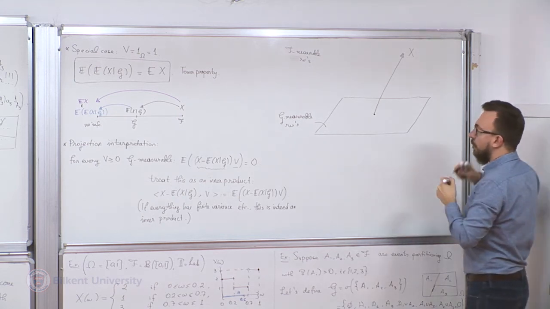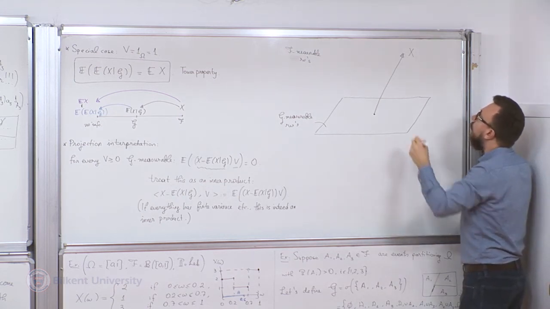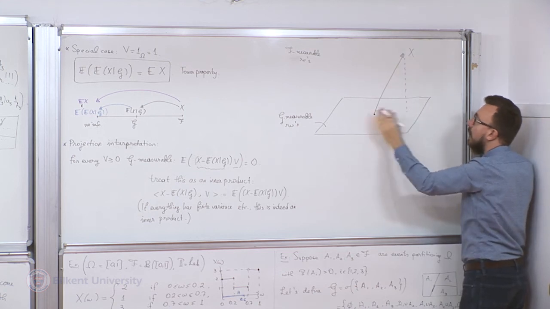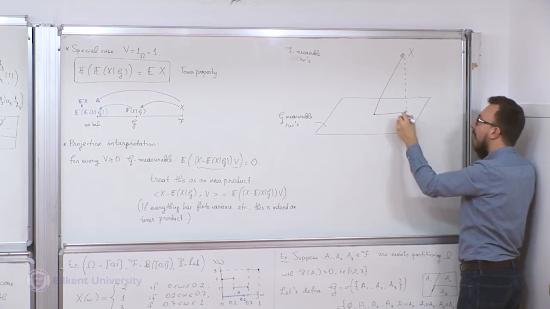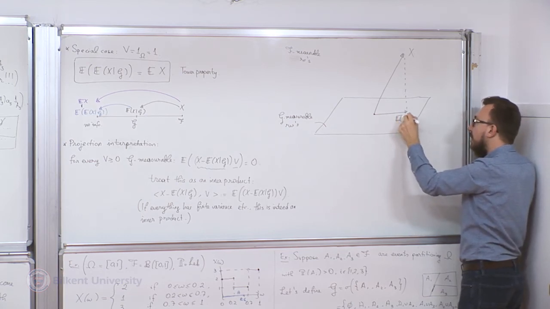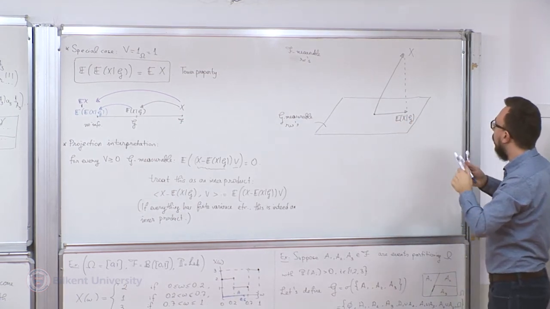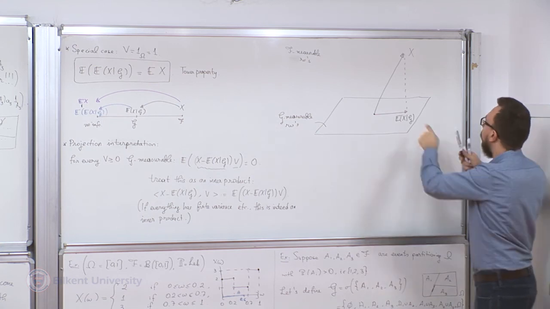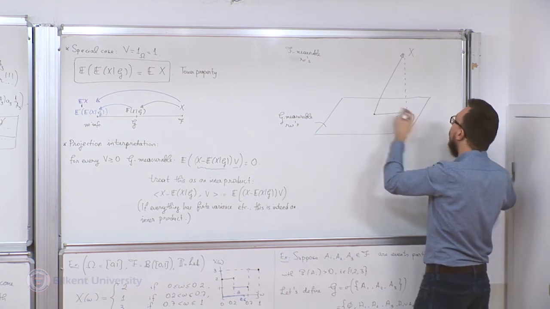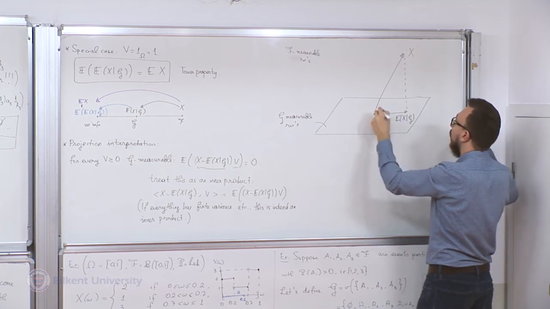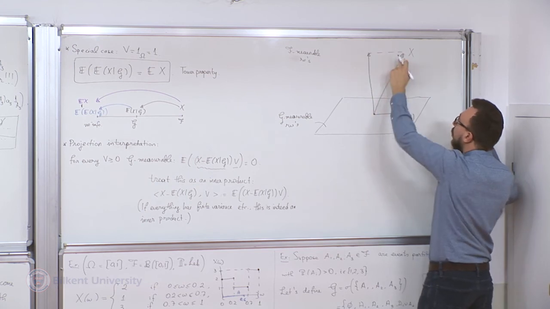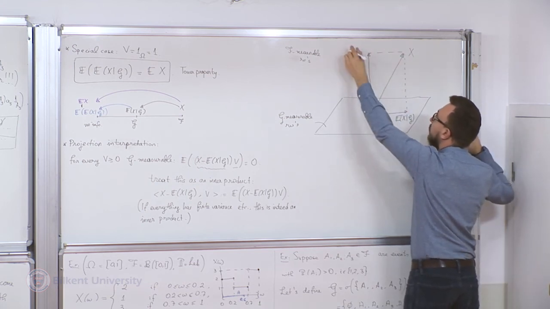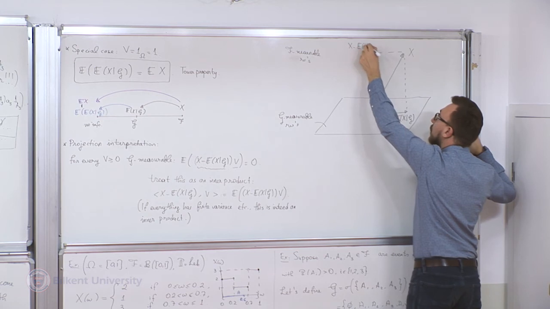What we're trying to do is to find the closest point in this plane to x. And this is indeed the conditional expectation of x given g. So if this is the conditional expectation of x given g, we also have the remaining part. So the sum of these two should give us x, right? Just see them as vectors. This is what is left.